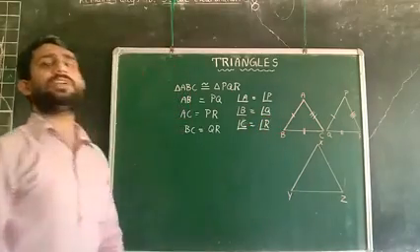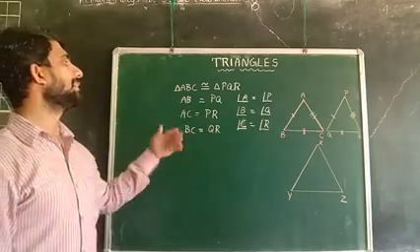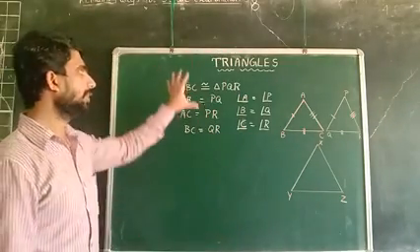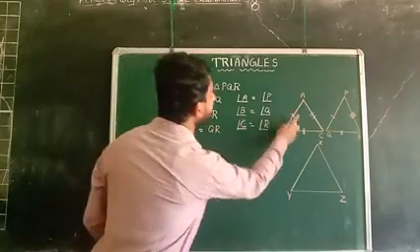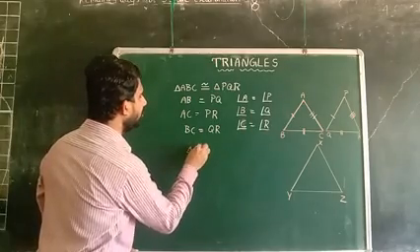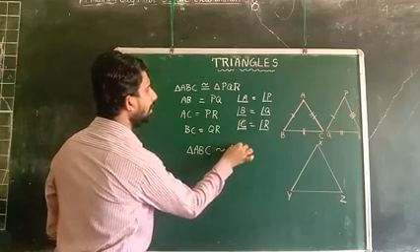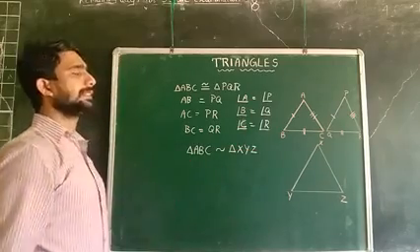Now if the two triangles are congruent, then the corresponding sides and the corresponding angles are equal. If the two triangles are similar, like triangle ABC is similar to triangle XYZ, what does it mean?